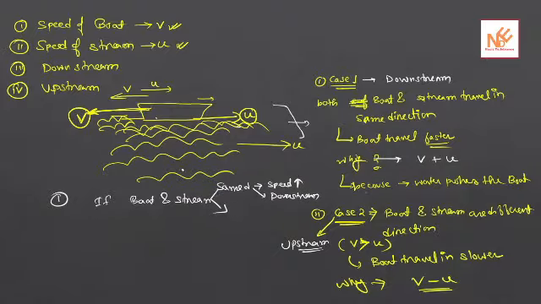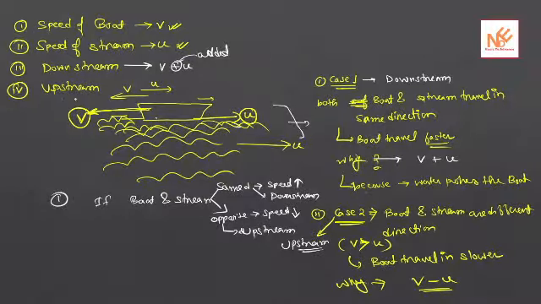And if boat and stream travel in opposite directions, then the speed of the boat decreases, and this condition is known as upstream. And what happens in downstream? They both travel in the same direction, and the water also gives energy to make the boat travel faster. That's why this speed is added.